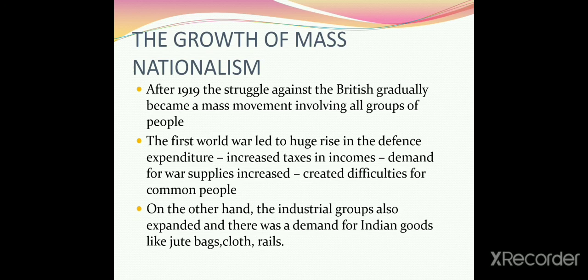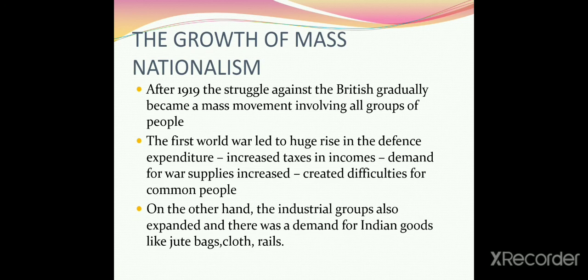It led to a huge rise in the defense expenditure of the Government of India. The government in turn increased taxes on individual incomes and business profits. Increased military expenditure and the demands for war supplies led to a sharp rise in prices, which created great difficulties for the common people.